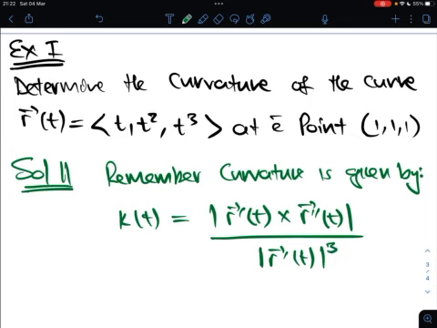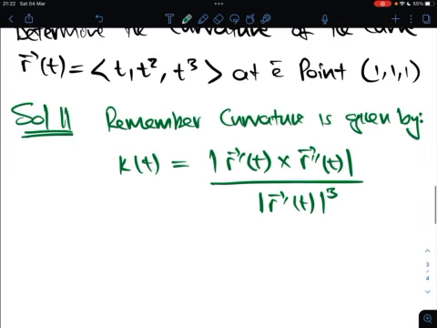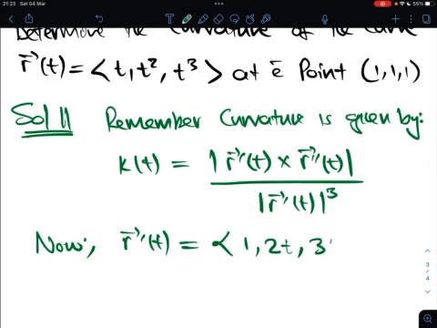This means we have to take the position vector and differentiate it 2 times. So what is R prime of t in this problem? We differentiate each component with respect to t, and we get 1, 2t, 3t squared, like that.